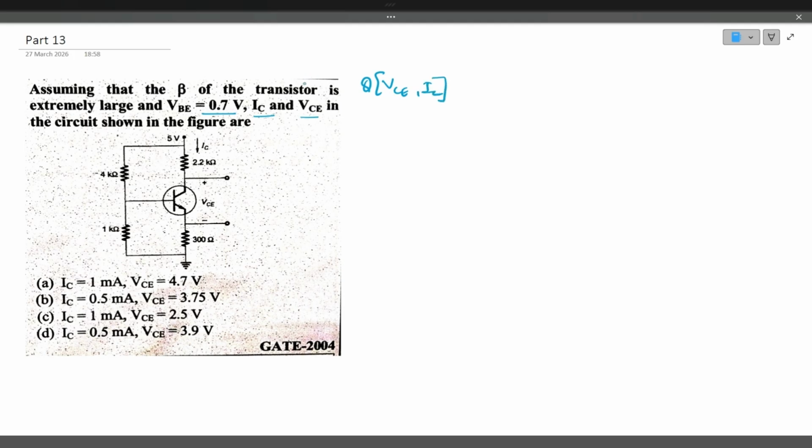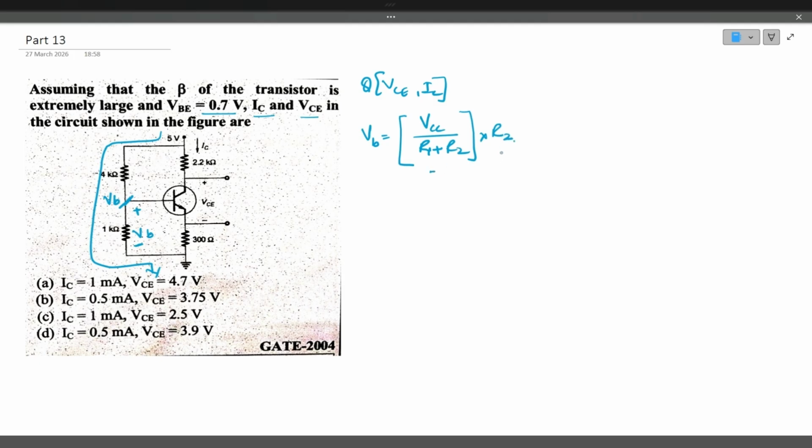So let's apply the Kirchhoff voltage law at the input loop. To find out the voltage at this point, VB, the voltage across this 1 kilo ohm resistor, you can apply Kirchhoff voltage law. Here VB can be given as the current flowing through the resistors of 4 kilo ohm and 1 kilo ohm, that is VCC divided by R1 plus R2, multiplied by R2.